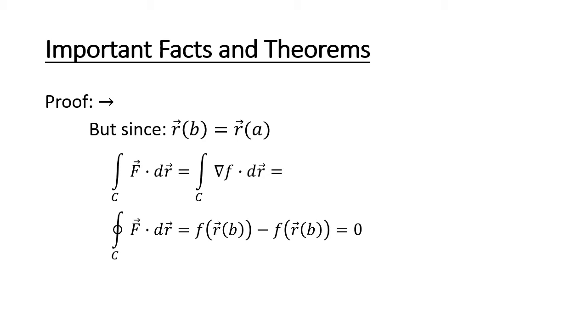How do I check that it's conservative? Well, if it's conservative, there must be a potential function. If there's a potential function, I can apply the fundamental theorem. And they are all linked to each other. And it is very important to hopefully understand that so that we can apply that to everything that we do later on in this section.